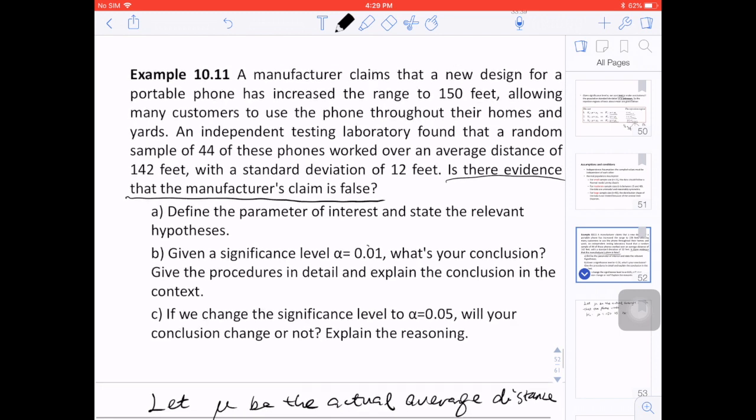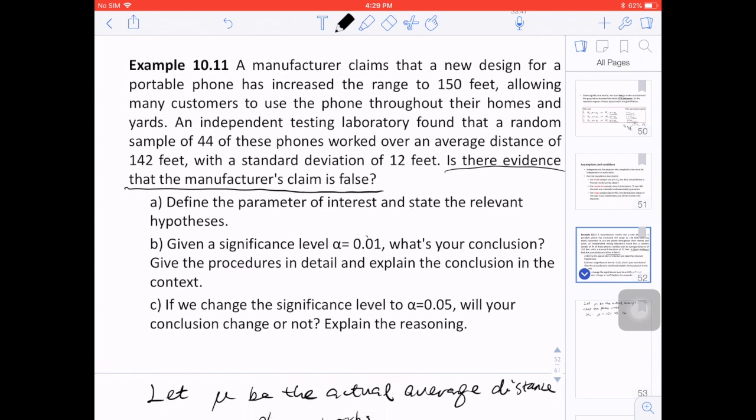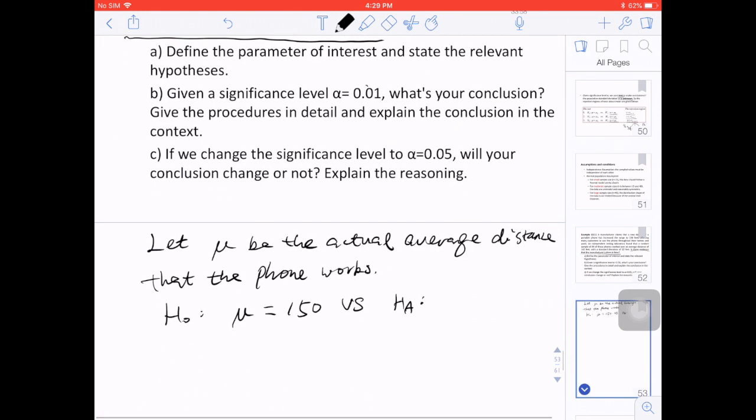However, if you read through the first sentence, we're discussing the average range of the signal. If the range of the signal is large enough, people could use the phone throughout their homes and yards. So in this case, your alternative hypothesis is more reasonable to be mu smaller than this range.